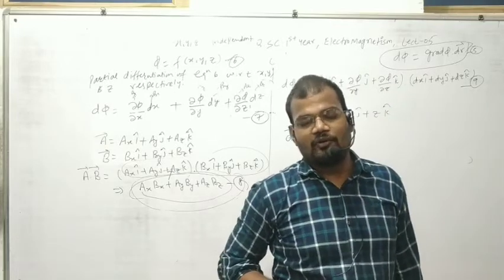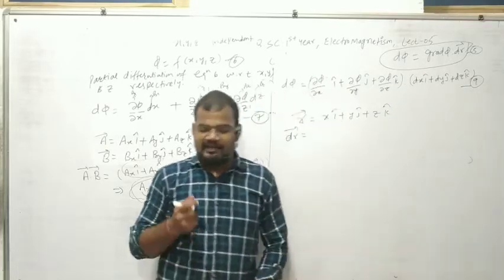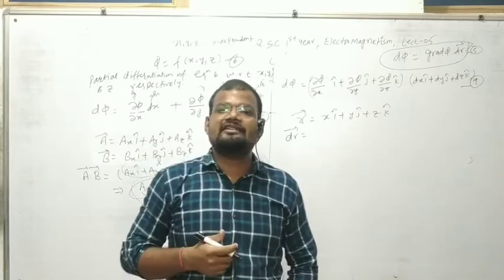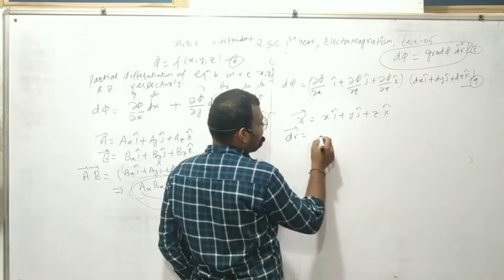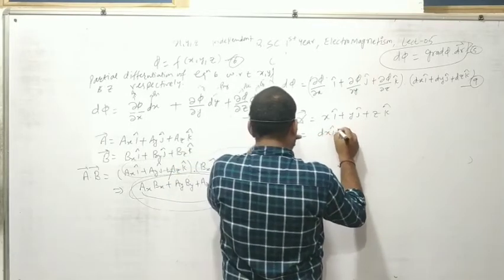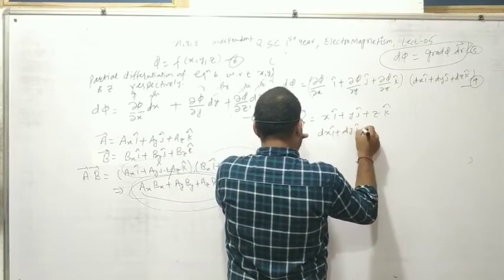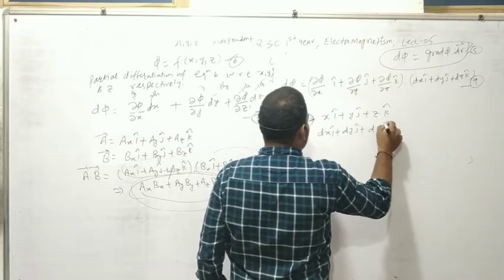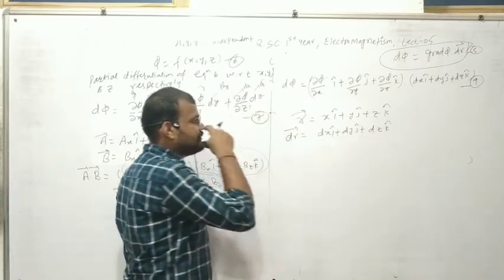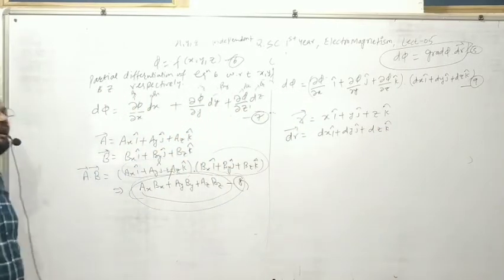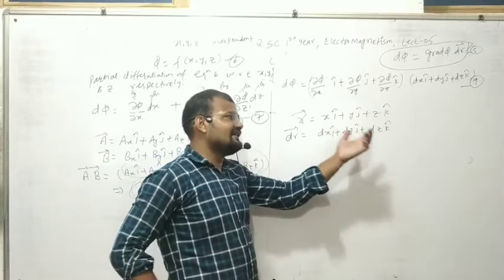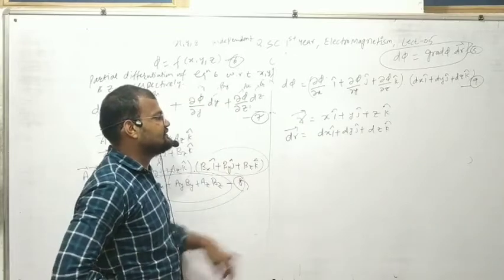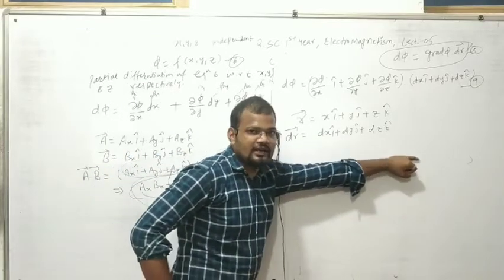Let's suppose the change in x is dx, in y is dy, and in z is dz. So dr vector will be dx i cap plus dy j cap plus dz k cap. This is your displacement vector dr, which was from P to Q.